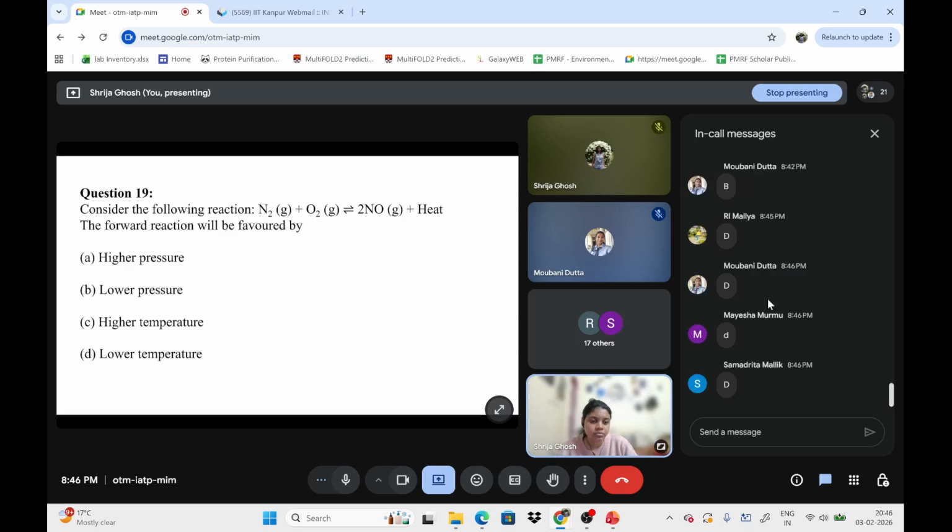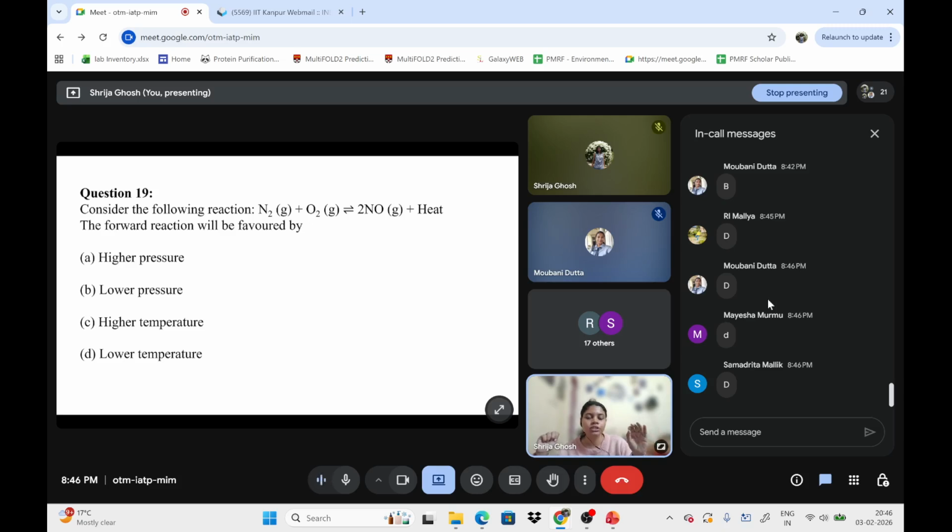Okay, so option D, that is lower temperature. I just explained. In this case, heat is being released in the reaction. Heat is towards the product side, the right hand side of the reaction, right? That means this is an exothermic reaction.